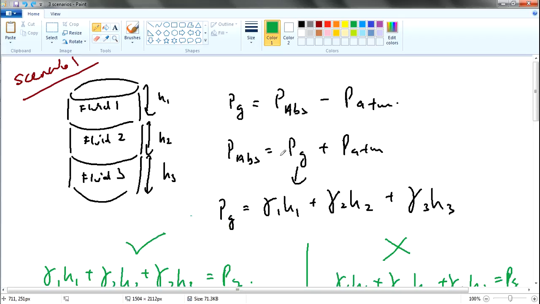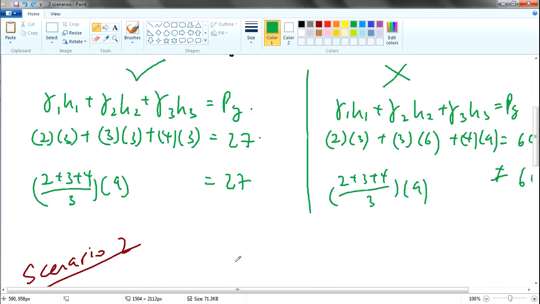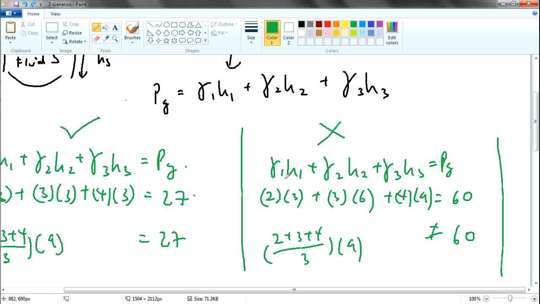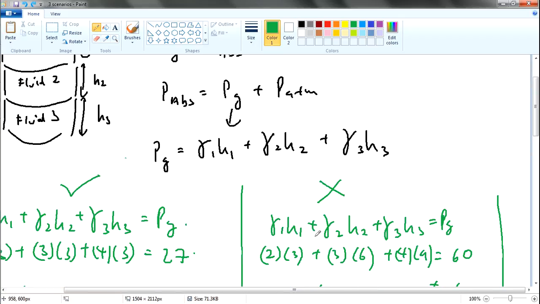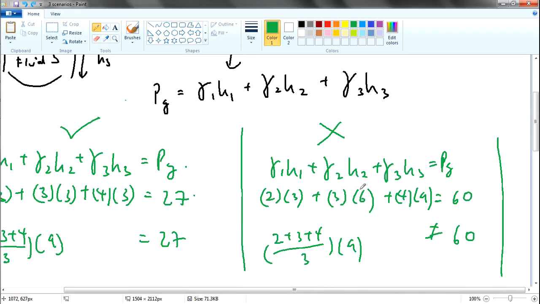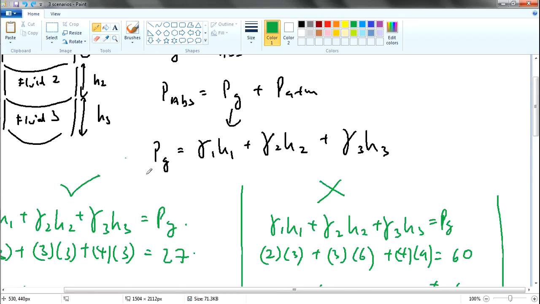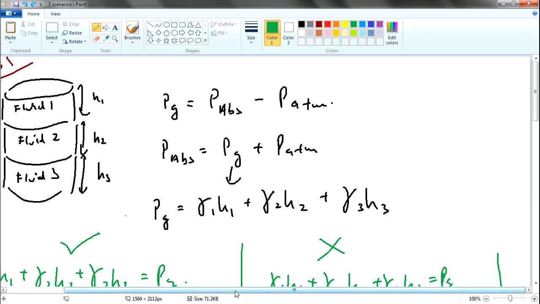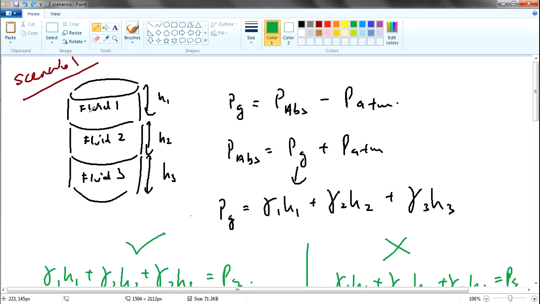You will be tempted to use the wrong method, where rho 1 H1 plus rho 2 H2, taking the height for this. You thought that this is H2, but this is not H2. When you're taking the pressure, you want to sum up all the pressure, the gauge pressure for the whole system, because they have different properties.